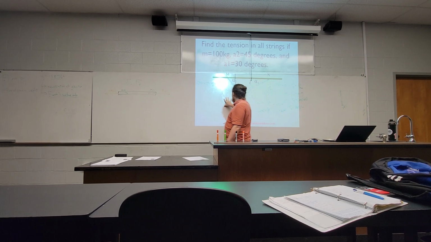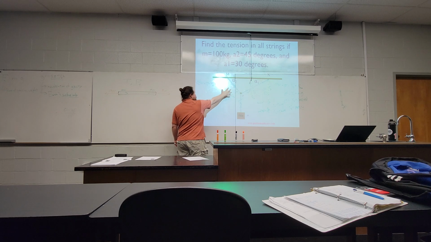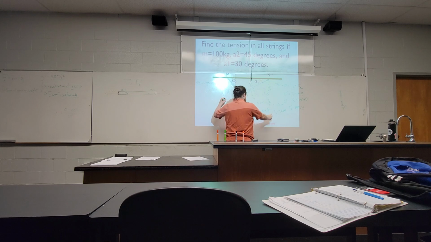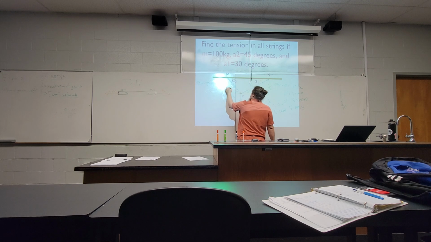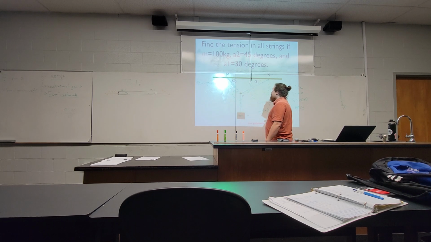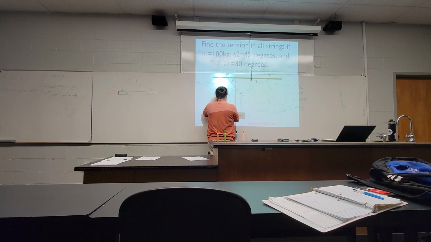We're going to want to do exactly the same thing to the other side, to the other tension vector, so that we can similarly get the components and then work within one axis at a time. So the orientation is mirrored, so conveniently y would still be sine and x would still be cosine. So this would say sine of 45 equals T2y over T2. Therefore, T2y is unknown T2 times sine of 45 degrees.